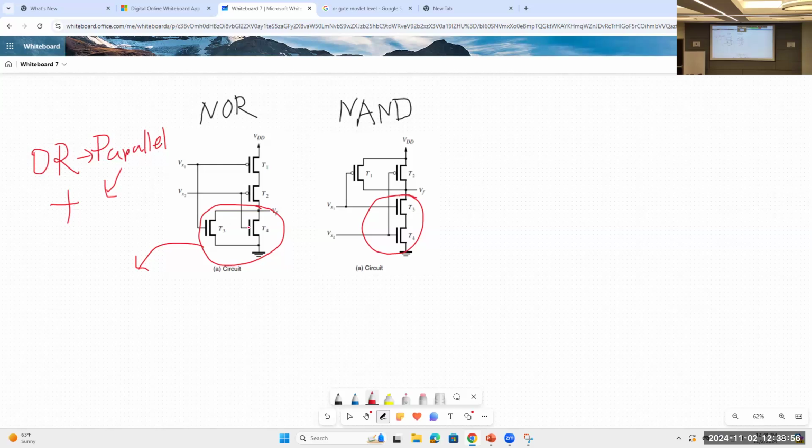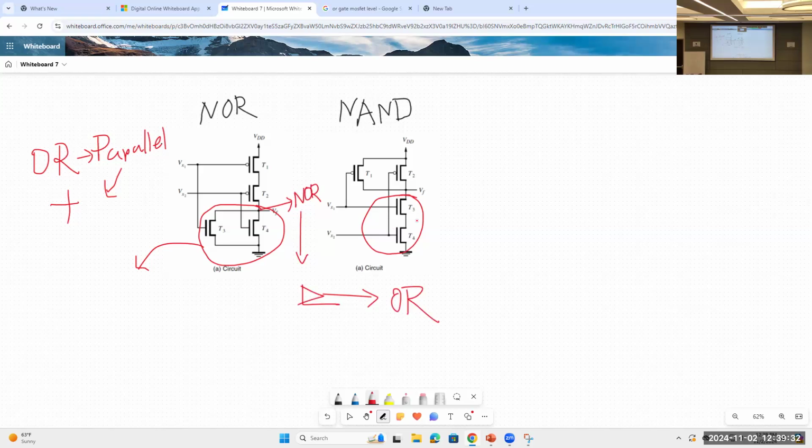If we connect two NMOSes in parallel, we should get OR, right? But here we are just getting the inverted version of OR, which is NOR. That's how CMOS, complementary MOSFET, works. So here you will get NOR. To get OR from NOR, you have to just put an inverter, and you will get the OR output.